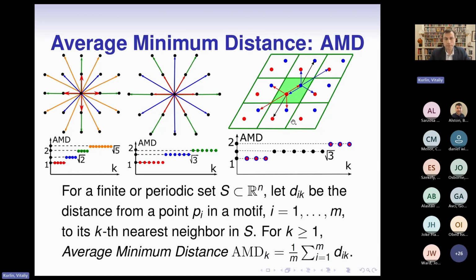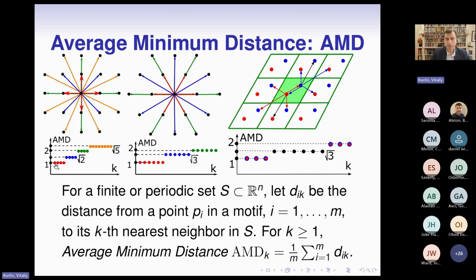What we can do in these simple cases is the following. For a lattice particularly, we could fix the origin at any point. So let's start from one point and write down distances to other points in increasing order. In the square lattice, we have four neighbors at distance 1, for example, for size 1.